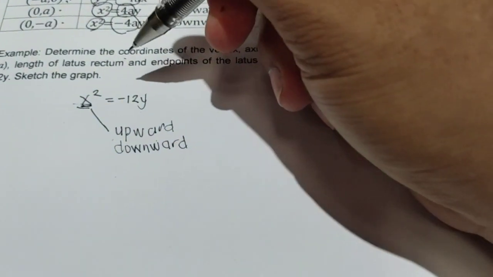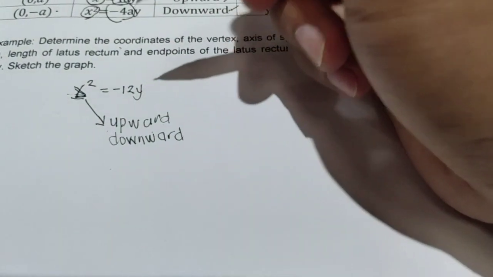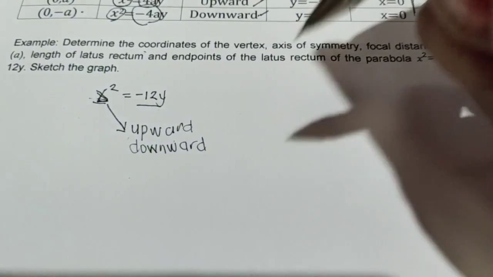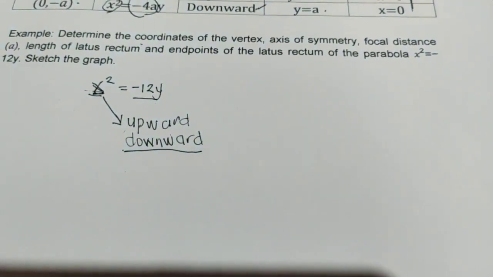We all know that if the variable x is being squared, then the parabola either opens upward or downward. But since we have here negative 12y, then the parabola opens downward.